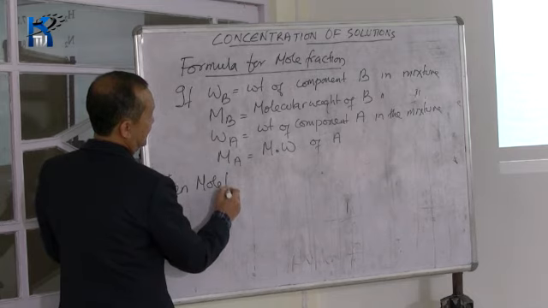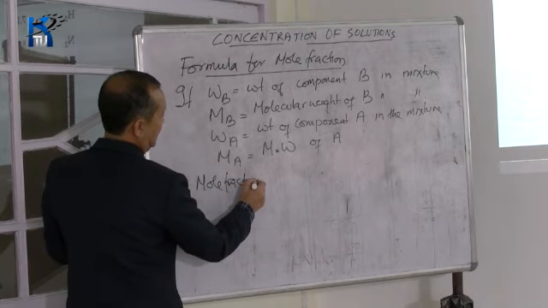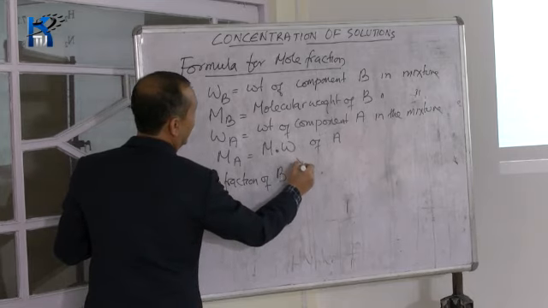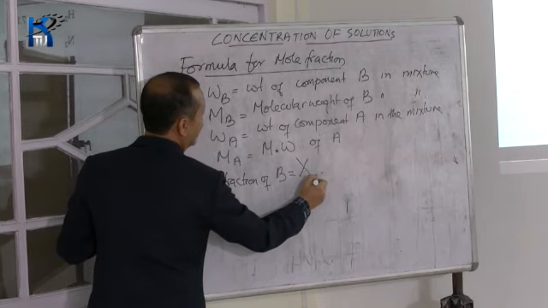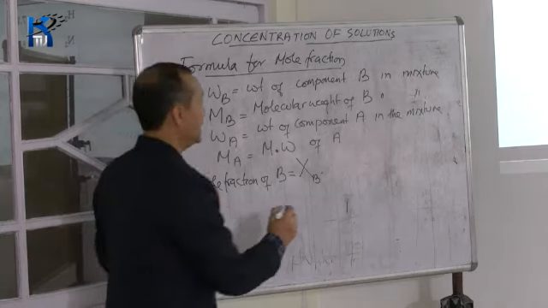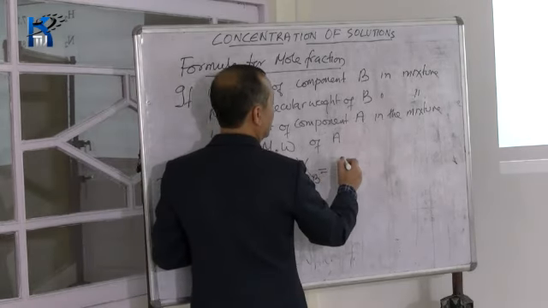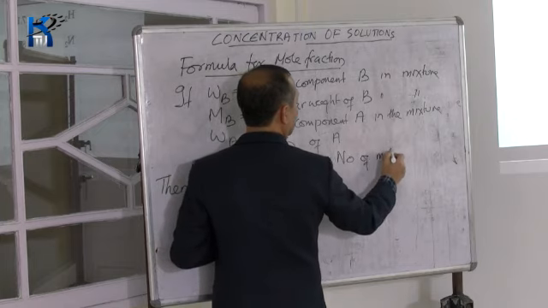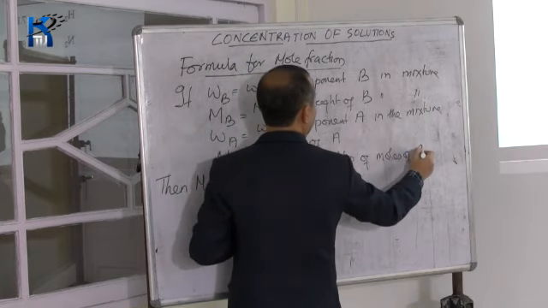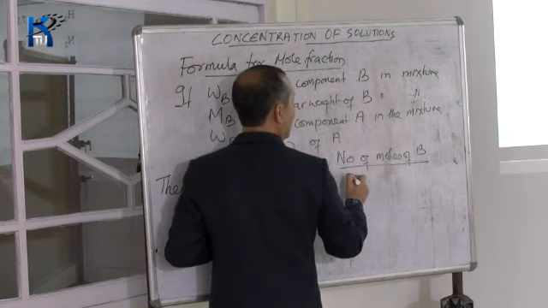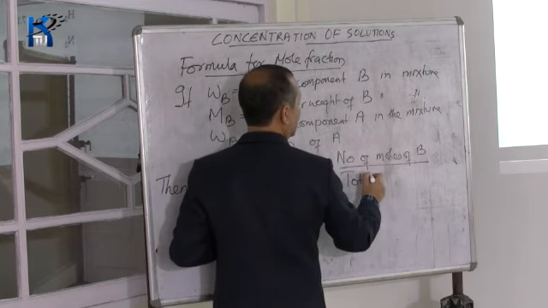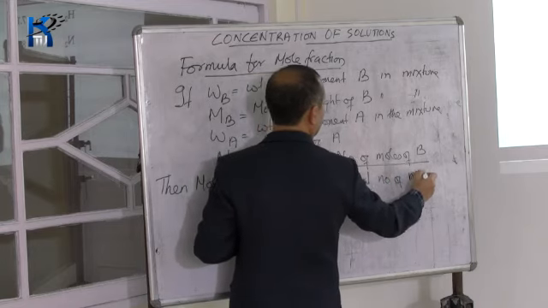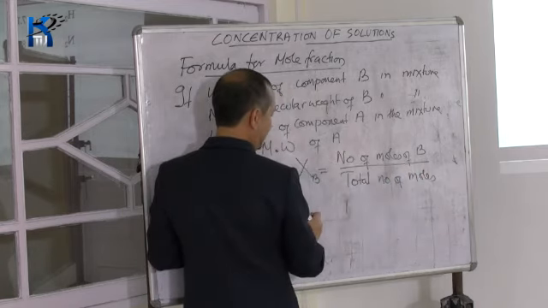mole fraction of B, we symbolize it as XB, is equal to the number of moles of B divided by the total number of moles. Now see this carefully.